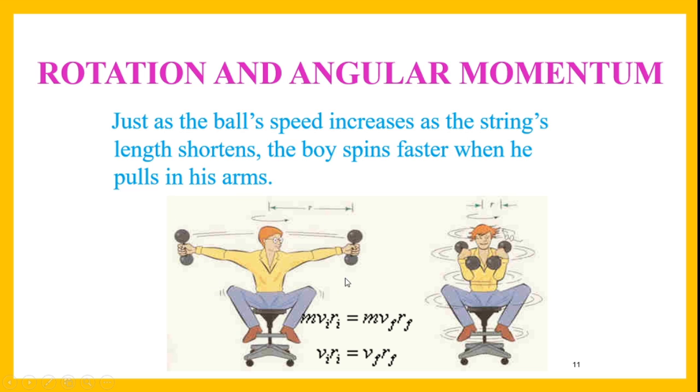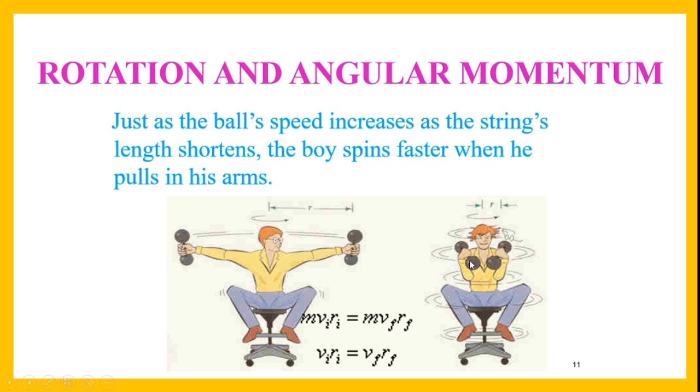Because of which the angular velocity is less, so he spins a little slowly. But when he takes his arms inside, the radius of rotation has become small compared to the previous case. Because of which, immediately, his angular velocity increases to conserve the angular momentum.